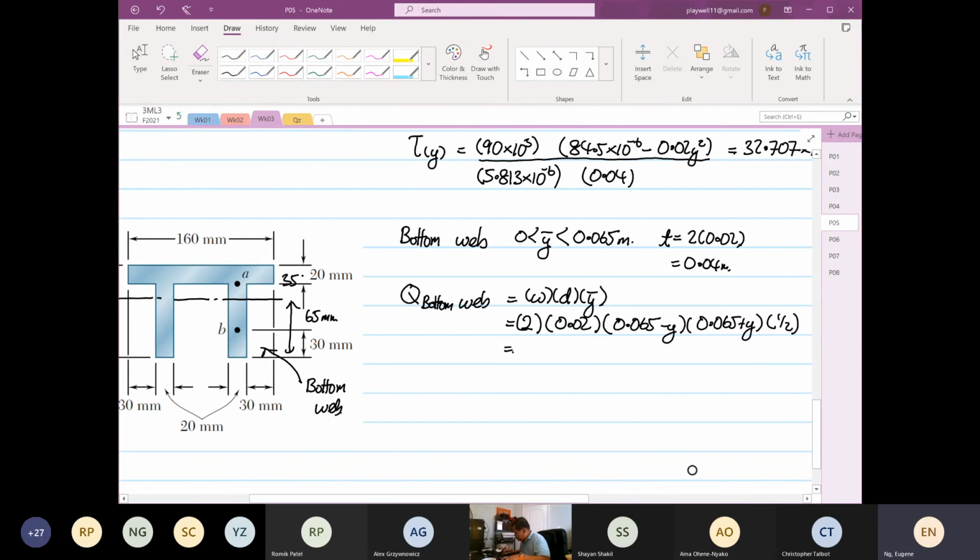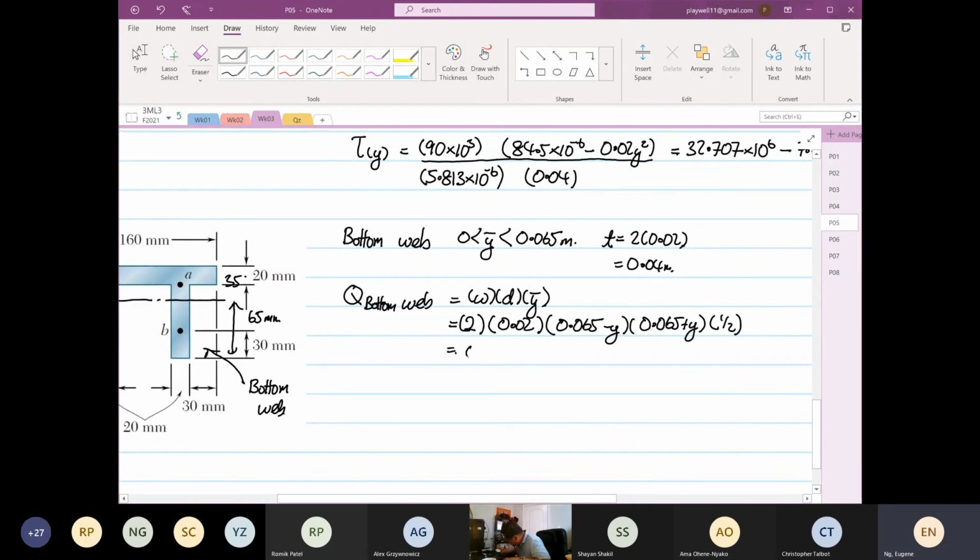So this is equal to 0.02 multiplied by 0.065 squared minus y squared. Okay. So this is equal to 0.065 squared times 0.02, which is 84.5 times 10 to the power minus 6, minus 0.02 y squared.